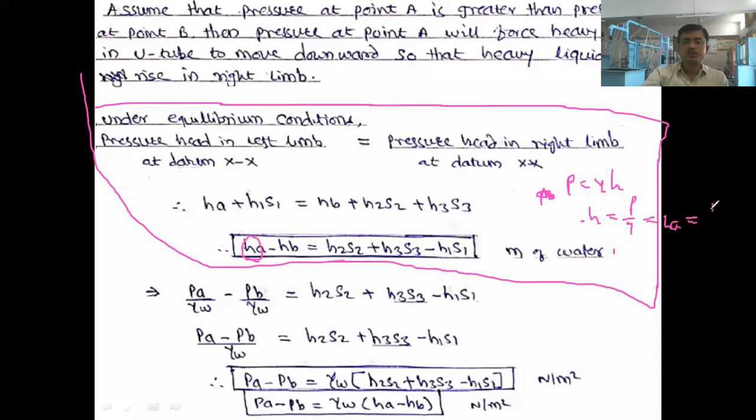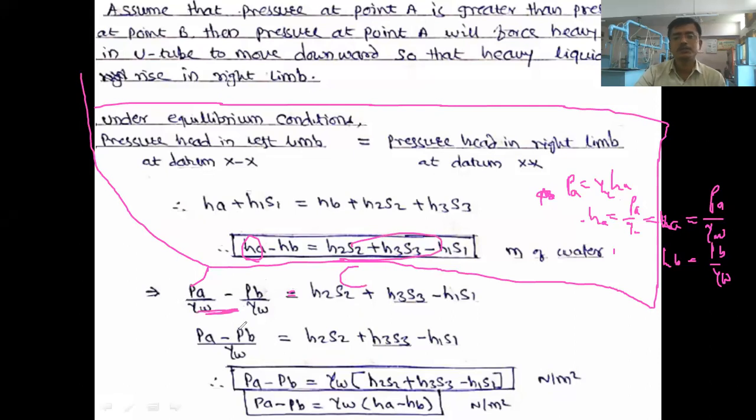HA is equal to PA divided by gamma W, because to find the pressure intensity, we multiply by gamma W. So HA is equal to PA upon gamma W and HB is equal to PB upon gamma W. So here we can write PA upon gamma W minus PB upon gamma W is equal to, this part will be as it is.